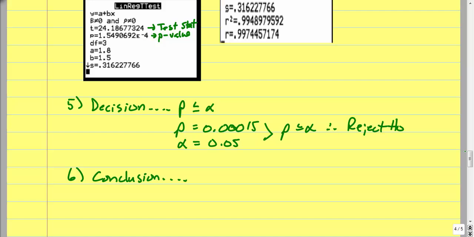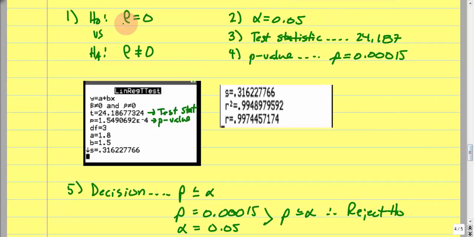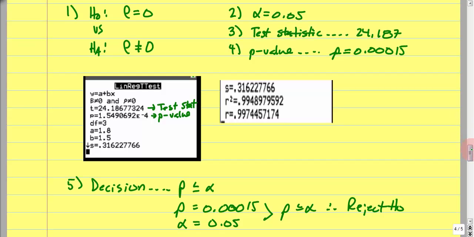Now, if we reject H0, let's go back and look at what H0 is. If we reject this, what we're saying is the correlation coefficient is not equal to 0. So that means we have some sort of a linear relationship.